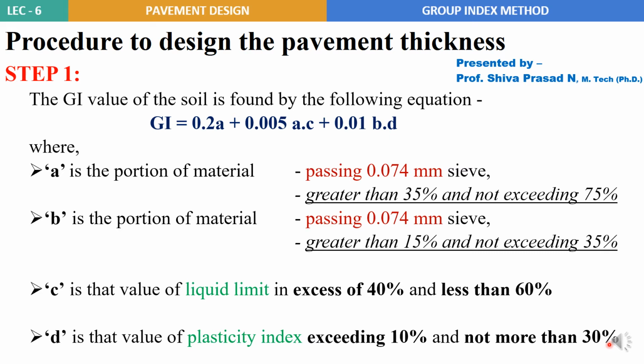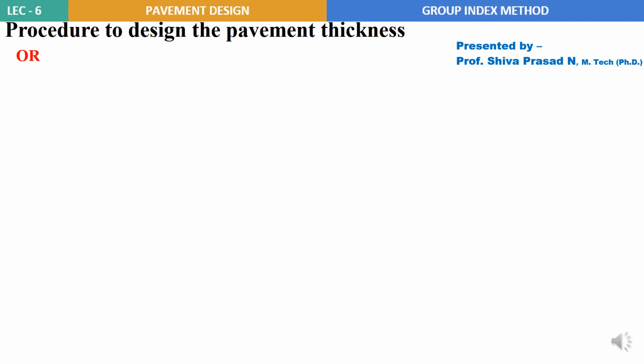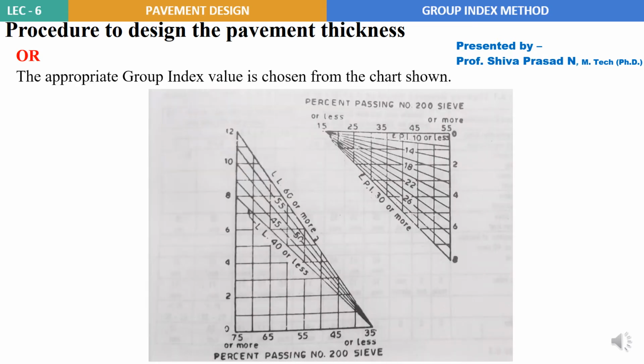Please note that one way of obtaining the value of group index is by using this equation. We have another way to obtain group index also, that is by making use of these charts. Kindly observe these charts carefully.